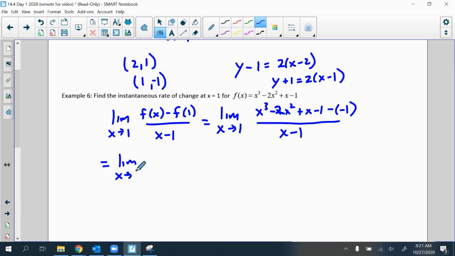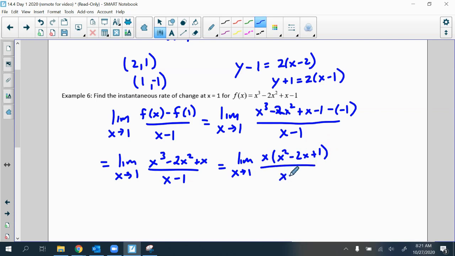So now I'm just going to continue to do algebra. Limit as x approaches 1. -1 minus -1, those end up canceling off. So x cubed minus 2x squared plus x over x minus 1. Now it's factoring time. Limit as x approaches 1 of x times x squared minus 2x plus 1 over x minus 1.